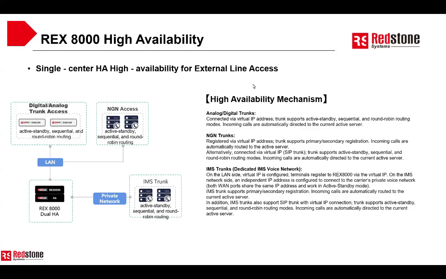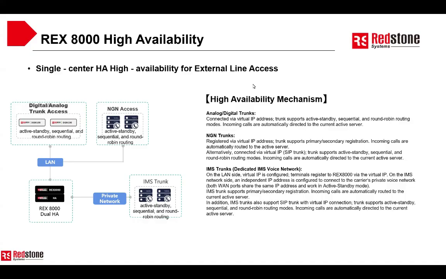In a single center, I think it's straightforward because there are no technical barriers, right? If you are using analog and digital access, we can offer our gateways. And for the NGN platform, they are registered through the virtual IP.